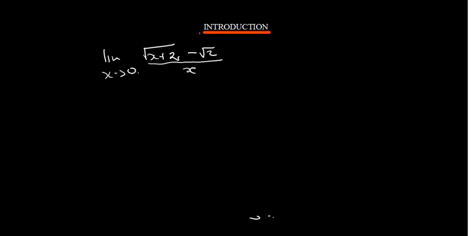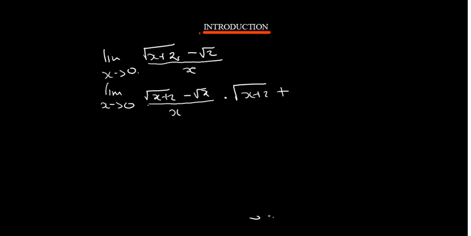So say limit as x approaches 0 root of x plus 2 minus root x, like that, over what? X. So I'll multiply by its conjugate. To conjugate is to change the sign. So I'll say root x plus 2 plus root x, like that.